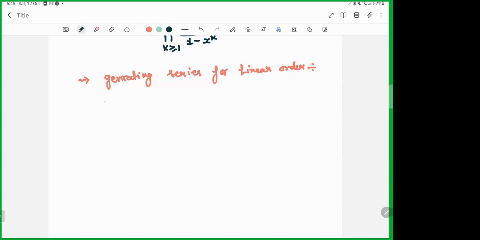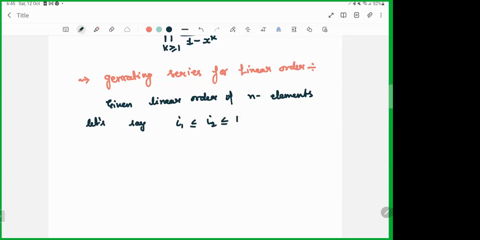So given a linear order on n elements, basically giving a linear order means giving an ordering. This is the ordering, let's say, I gave.